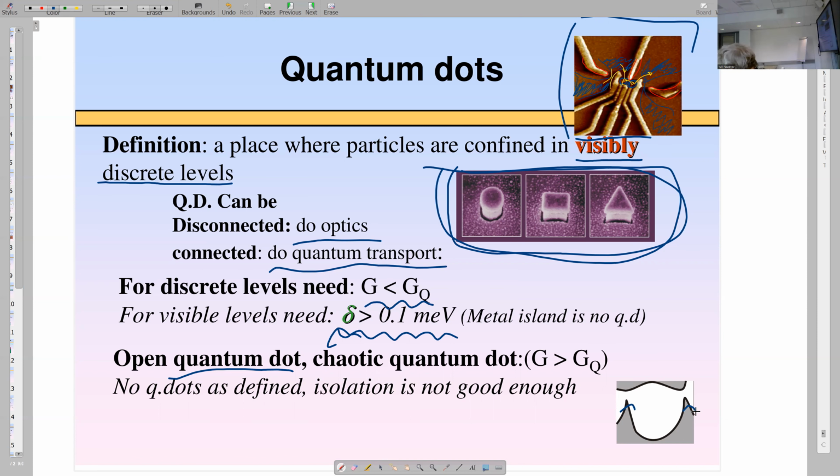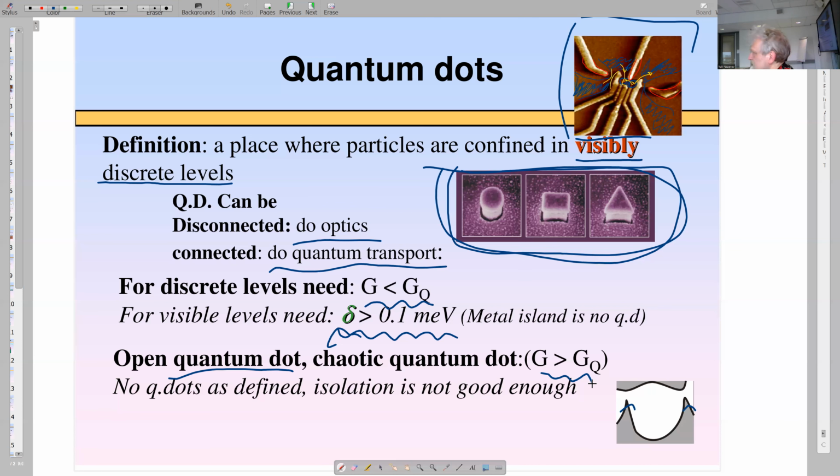But the contacts are eventually pretty much transparent. So there are no localized electron states in the setup. And these quantum dots do not fit our definition. But sometimes you can find such ideas in the literature.